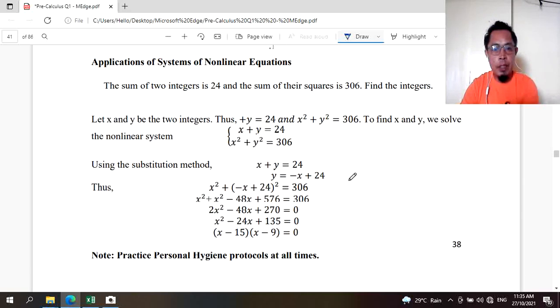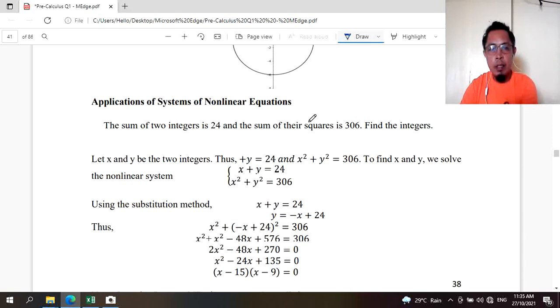So here we have another example. This time it's an application problem, wherein we are going to get the sum of two integers and their squares. We have here the sum of two integers is 24. Writing that into mathematical symbols, we have x plus y equals 24 if we let x be the first integer and y be the second integer.